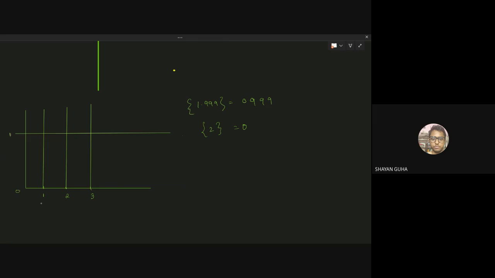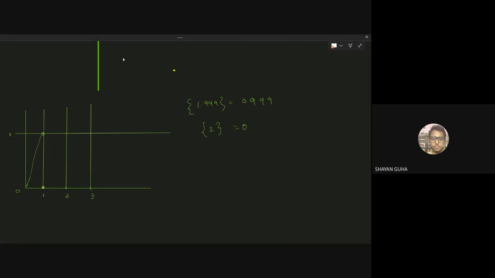When my value lies between 0 and 1, it's increasing. For 0 it's 0. When it increases from 0 to 0.1, it becomes 0.1. So ultimately it's going up till the point when it becomes close to 1. Now when it becomes 1, here we are forming a hole, and the function is getting defined at this point.